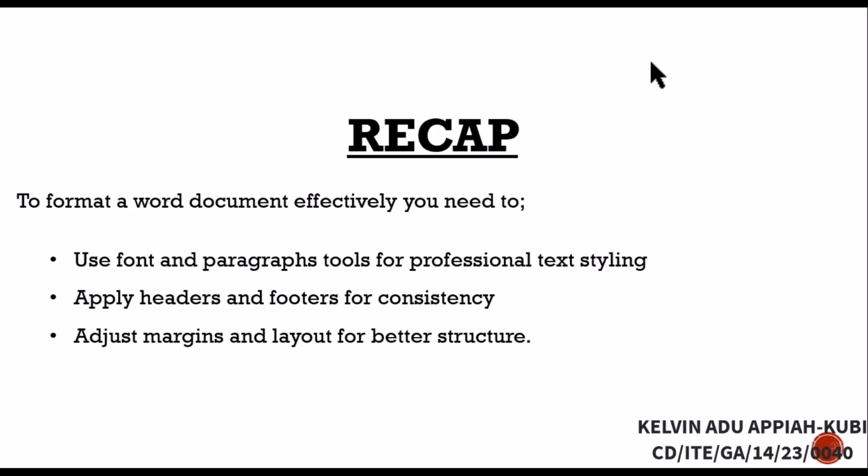We have learned that to format a Word document effectively, you need to use fonts and paragraph tools to make your document or your work look professional or official. Also, you need to apply headers and footers for consistency. And you also need to adjust your margins and layouts to give your work a better look or a better structure.